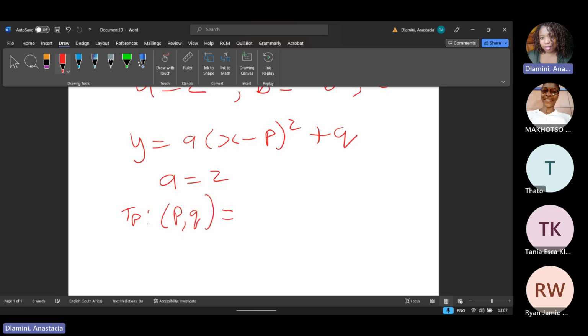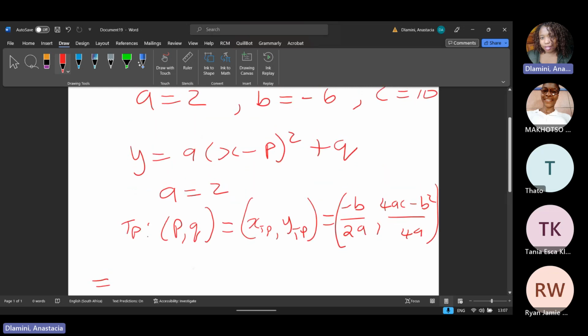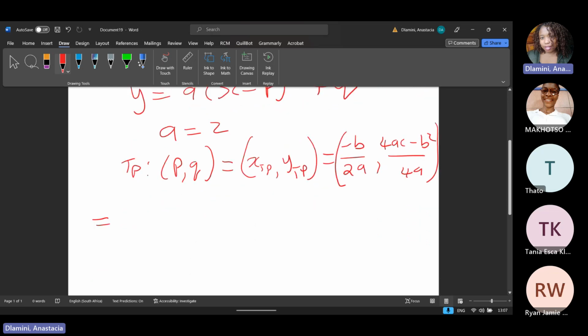From what we have learned, that is (x_TP, y_TP), which equals the formula we talked about: negative b over 2a, comma, 4ac minus b squared over 4a. Then you can substitute, because our a is 2, our b is -6, and our c is -10.